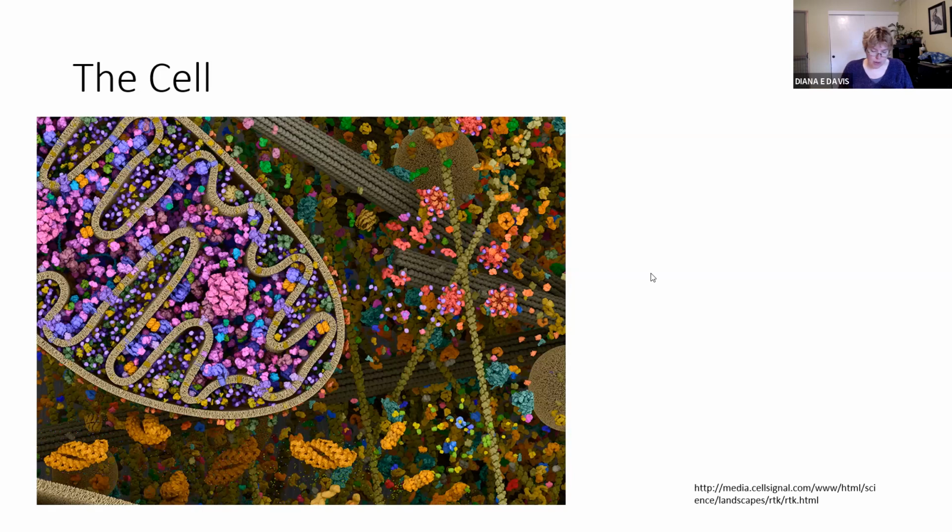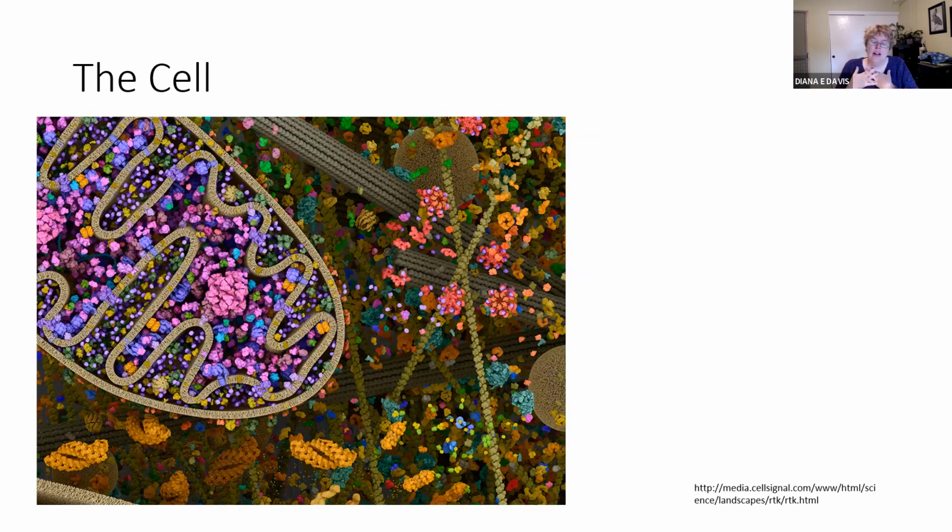Now, I'm showing you this not because I'm going to ask you to identify anything from an image like this, but so that you can grasp that the cell is jam-packed full of stuff. The way we talk about it, we take these different components one at a time and talk about each, but they're all interacting with each other.